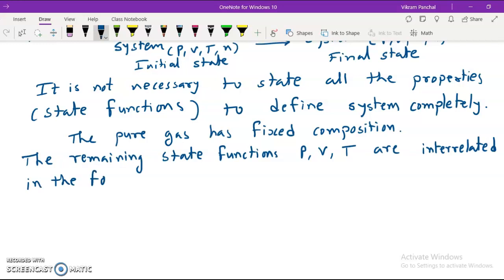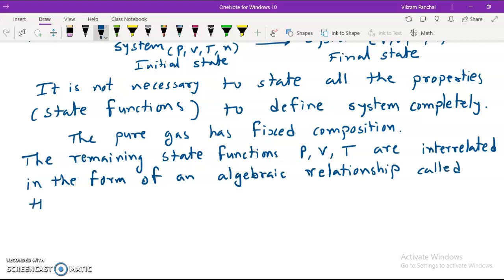They are interrelated in the form of an algebraic relationship called the equation of state.